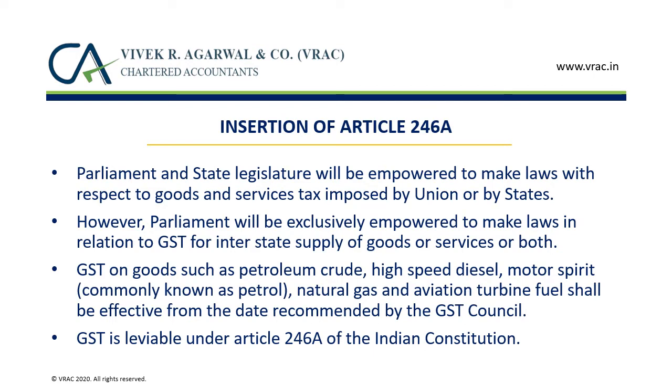However, the Parliament will be exclusively empowered to make laws in relation to GST, for interstate supply of goods or services or both. GST on goods such as petroleum crude, high-speed diesel, motor spirit, commonly known as petrol, natural gas, and aviation turbine fuel shall be effective from the date recommended by the GST Council. Thus, GST is leviable under Article 246A of the Indian Constitution.